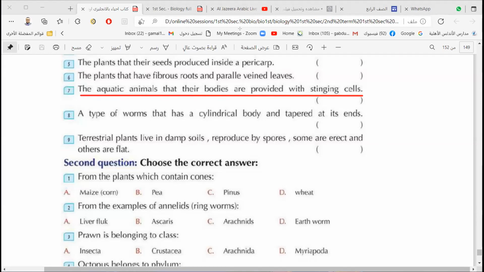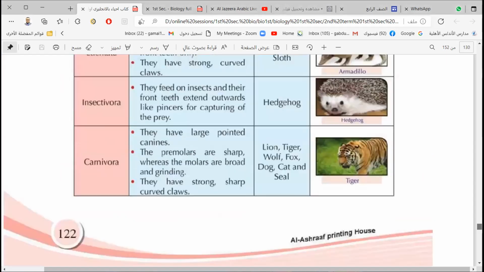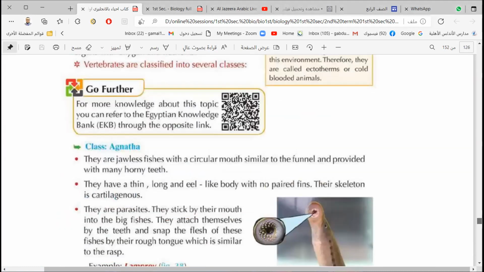You remember? The jellyfish. Cnidaria. They are cnidaria. You remember them? Like the jellyfish. Come back to the jellyfish. We'll study it. We'll revise it again.